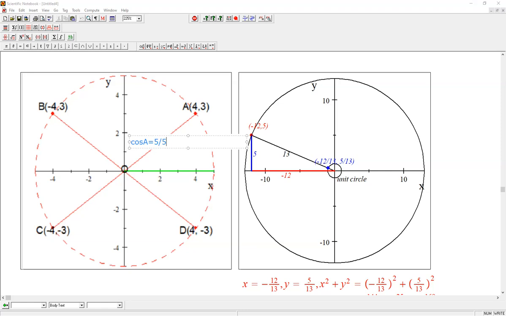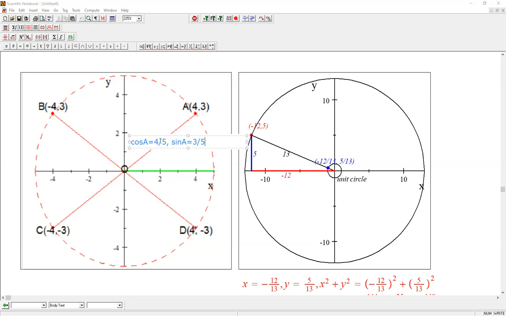You've done this before, 4/5. And sine A equals 3/5, okay? A is an angle that terminates on OA. Okay, so that's what A is. In the previous quiz it's called alpha. So here I use A just for simplicity.